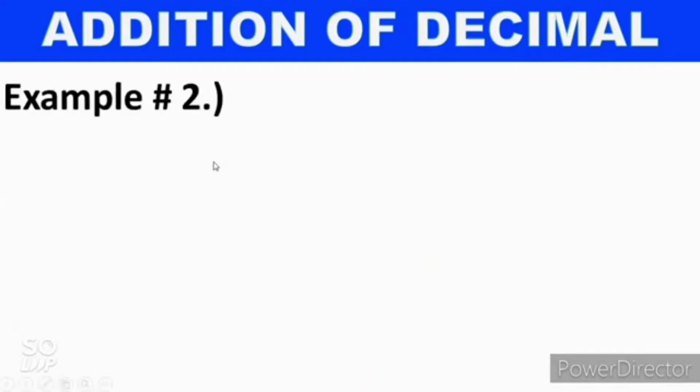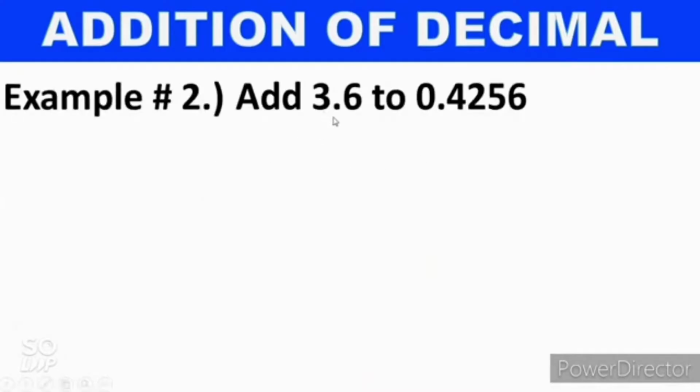Our example is to add 3.6 to 0.4256. Okay, and now we have 3.6 plus 0.4256.